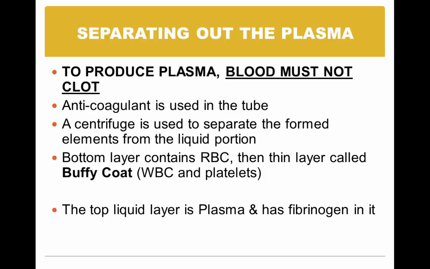The top liquid layer is the plasma, and it has fibrinogen in it. On page 1145 in your book, there is a diagram that shows the buffy coat. I do want you to remember that the plasma layer does contain fibrinogen.